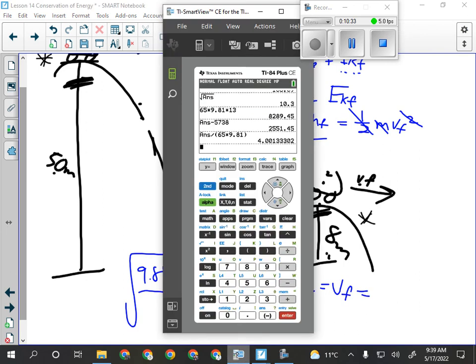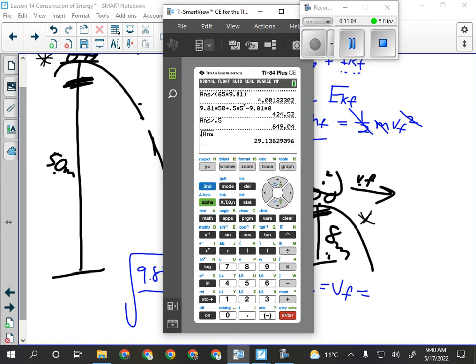So 9.81 times 50 plus 0.5 times 5 squared minus 9.81 times 8 divided by 1/2 square rooted. 29.14 meters per second. I did notice that several of you had that number written on your sheet when I walked around, so good job.